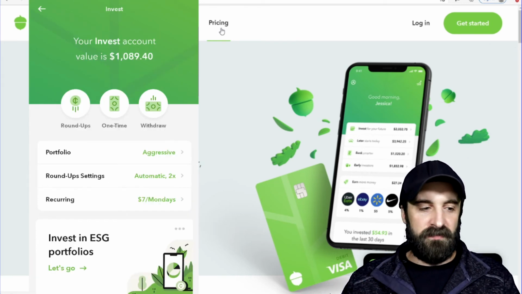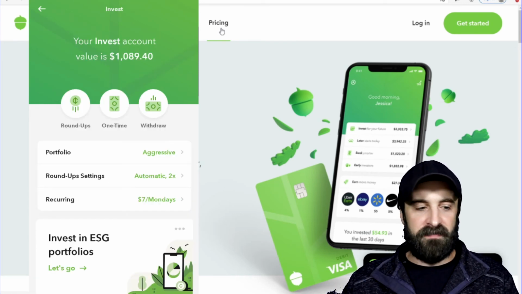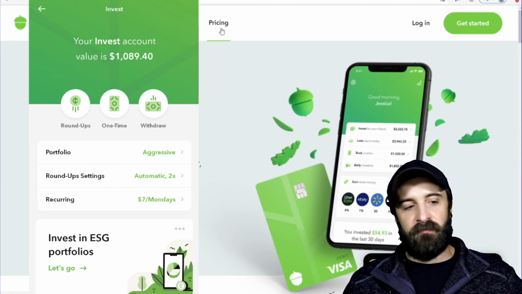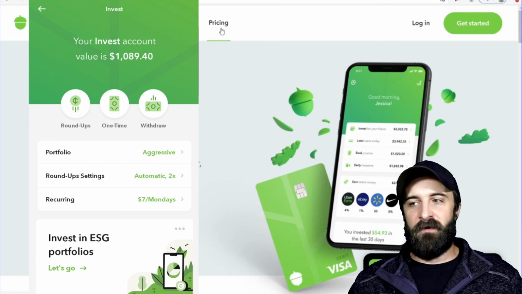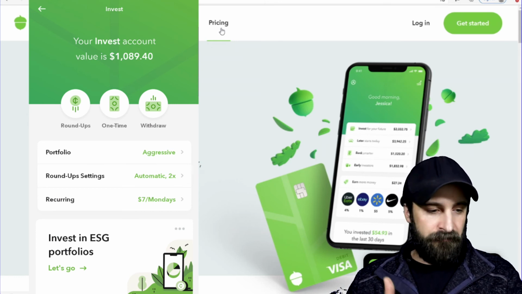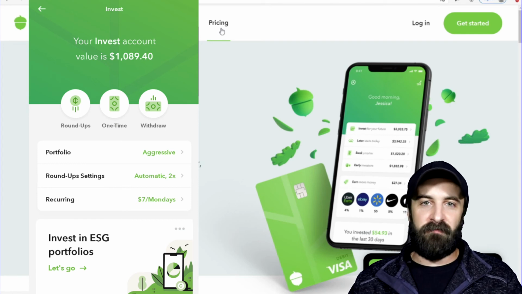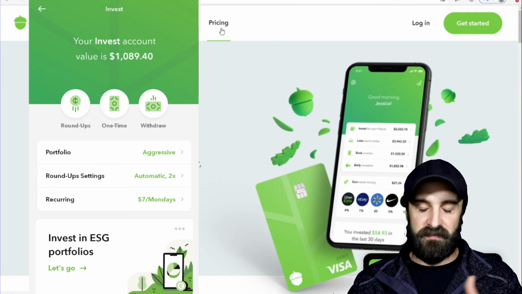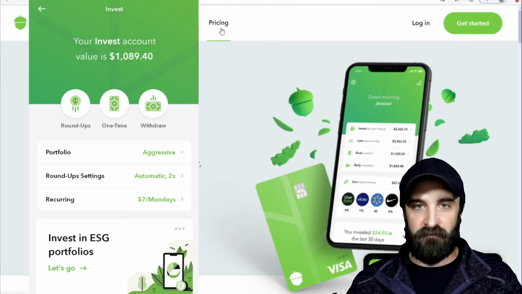So what I've tried to do is I've set it up to a point where I basically don't notice it. Like, it's just kind of doing its thing in the background, but it's not taking enough money out of the bank account that it's an issue or that I actually even see it or notice that it's there. Obviously, that amount is going to be different for everybody, so you'll have to decide what's comfortable for you. But what I like about it is it's so easy to just go in and change it, and you just hit OK, and then it changes it for the next roundup.